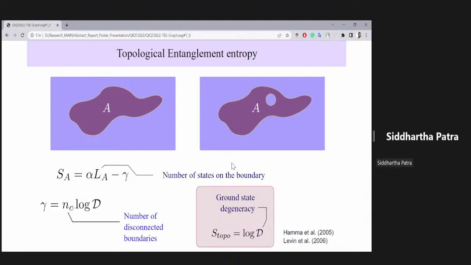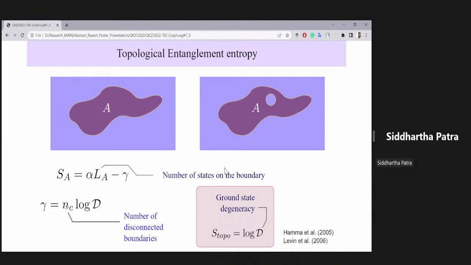The structure of this gamma is as shown: the number of disconnected boundaries times log D, where D is the ground state degeneracy of the system. So this is the structure of the von Neumann entanglement of such phases. That means if you take the subsystem as shown in the left figure, there is no hole, so the number of disconnected boundaries is 1.